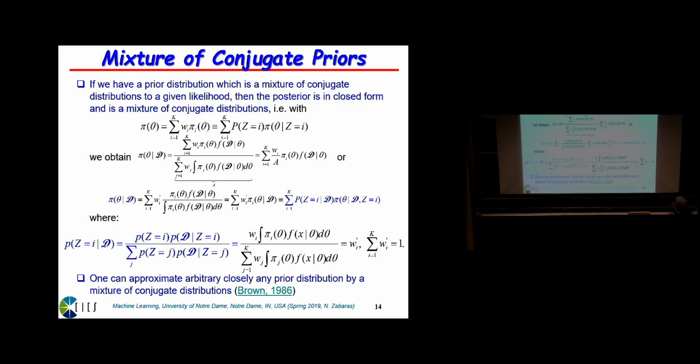So what I'm going to do is divide this whole thing by this integral. What is that integral? Remember, inside this summation, this term alone is prior i times the likelihood, and this is the normalization factor of that unnormalized posterior for component i of the prior.